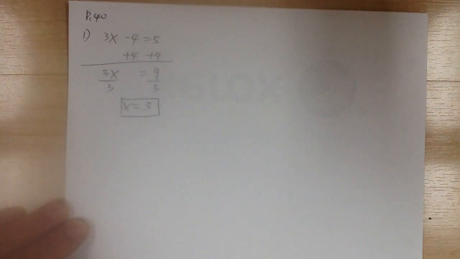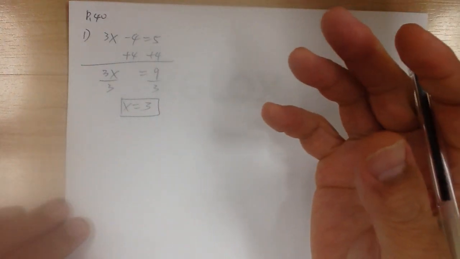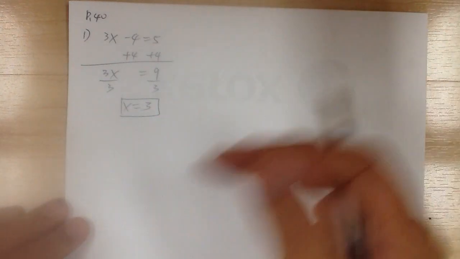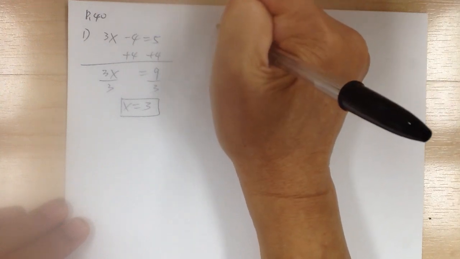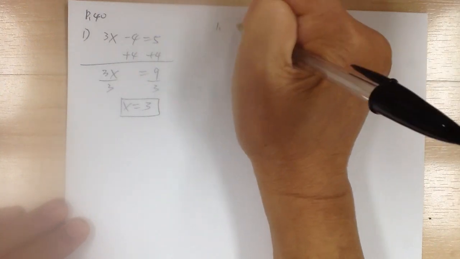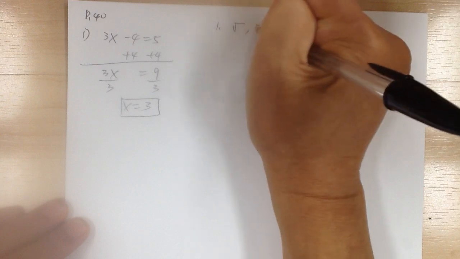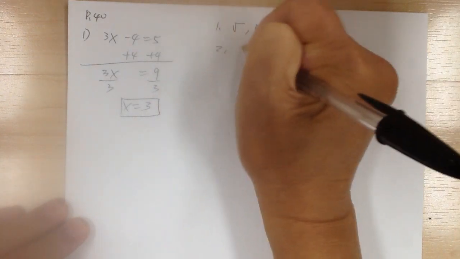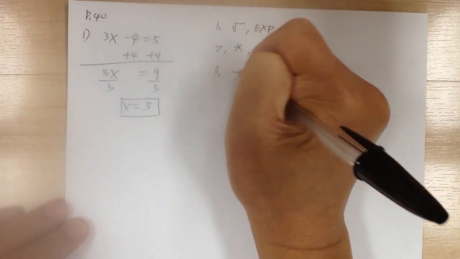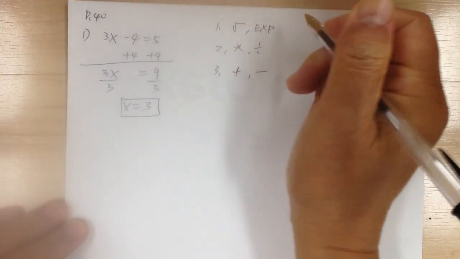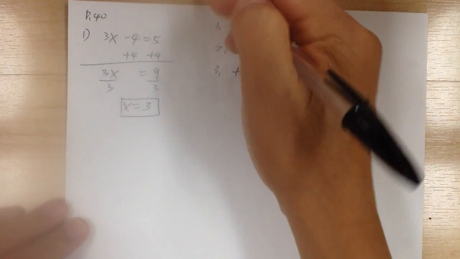Okay? And also when you're solving, you're going to do the order of operations in reverse order. Remember the order of operations? You do the roots and exponents. Okay? And you do the multiplication and division. And then you have the addition and subtraction. Normally this is the order of operations.